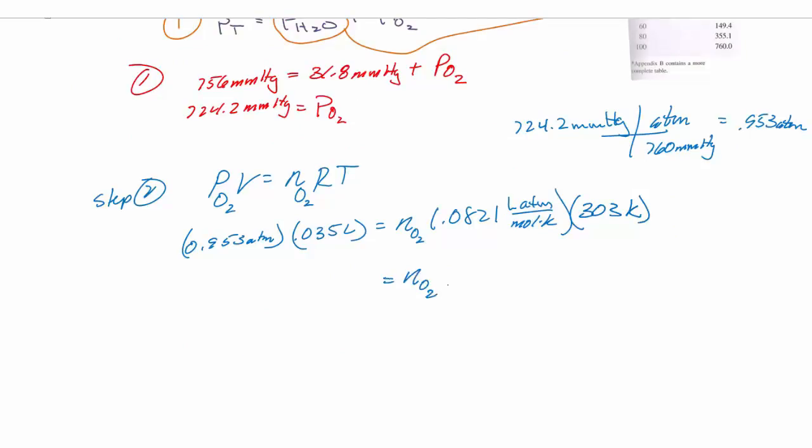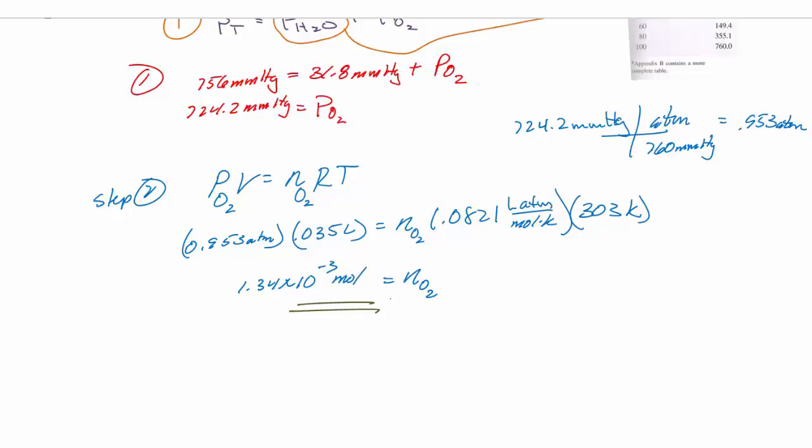So my number of moles of oxygen is going to be 0.953 times 0.035 divided by 0.0821 divided by 303, about 1.34 times 10 to the negative 3 moles.